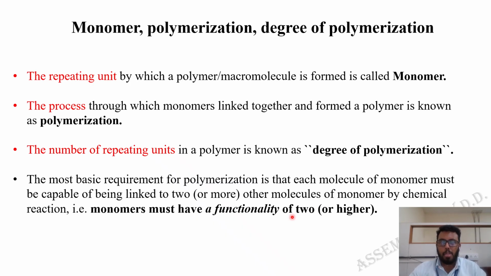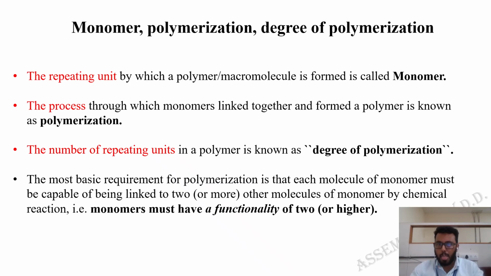Okay. The most basic requirement for polymerization is that each molecule of the monomer must be capable of being linked to two or more other molecules of the monomer. How? By chemical reaction, which means that monomers must have a functionality of two or higher. So this is what is called functionality. Are you able to follow?